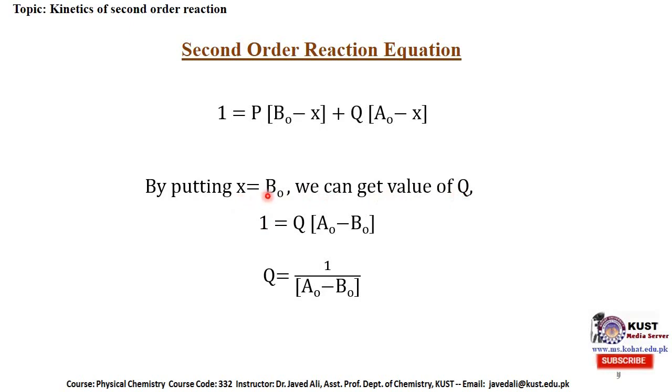When x is equal to b naught, b naught minus b naught is equal to 0, and p multiplied by 0 is also equal to 0, so we can cancel this term. By putting x equal to b naught, we get 1 is equal to q (a naught minus b naught). By rearranging, q is equal to 1 divided by (a naught minus b naught).